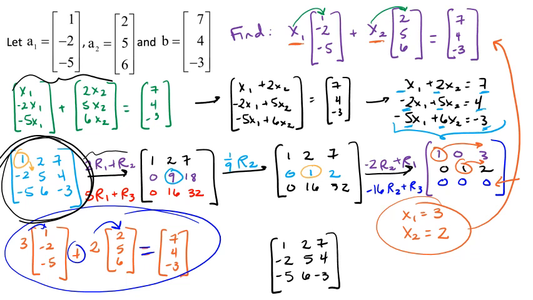This matrix here has columns A1, A2, and B. This is column A1, column A2, and column B. So we can represent this as the matrix A1, A2, and B, which leads me to some new notation.